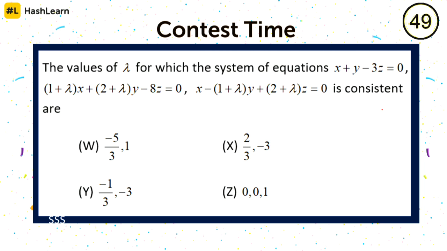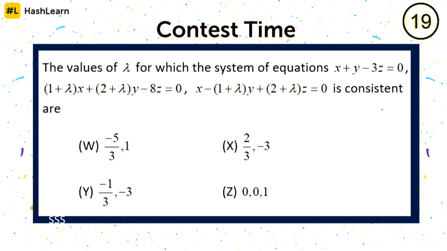What are the values of lambda? Minus 5 by 3 or 1, 2 by 3 or minus 3, minus 1 by 3 or 3, minus 3 or 0 0 1. Yes, Himanshu, good evening. Come on, take the contest question.